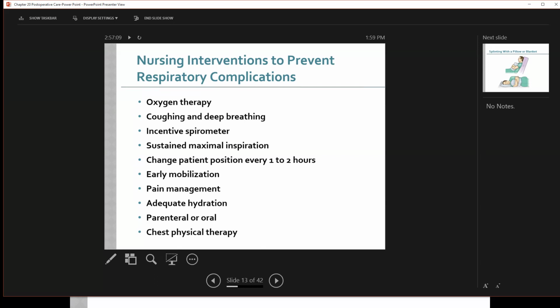Sustained maximal inspiration requires the patient to inhale as deeply as possible, and at the peak of inspiration, hold the breath for a few seconds, then exhale. This should be followed by a second deep breath and cough. Reposition the patient to promote full lung expansion and encourage phlegm to be expelled.